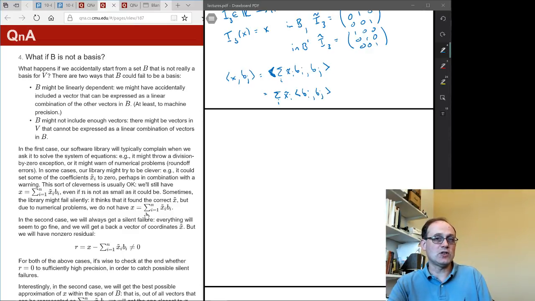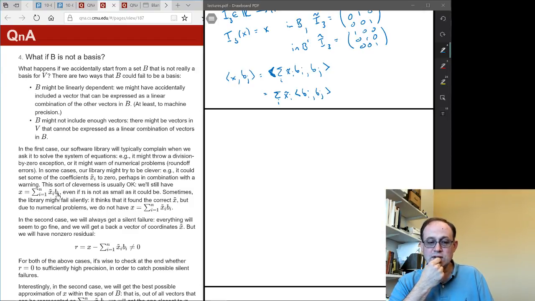Sometimes our library might try to be clever and, for example, drop vectors from our supposed basis until it really is a basis, meaning that we just assign them zero coefficients. That's usually okay too, because we'll still get our equation that x is equal to the sum of x tilde i bi, just with some of the coefficients always zero no matter what x we pass in.